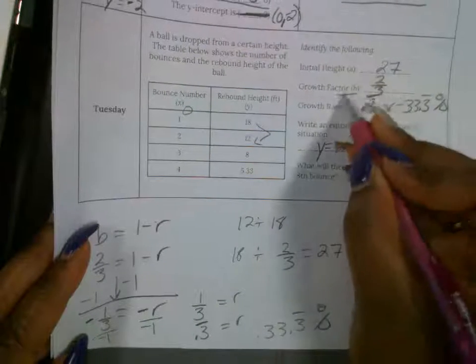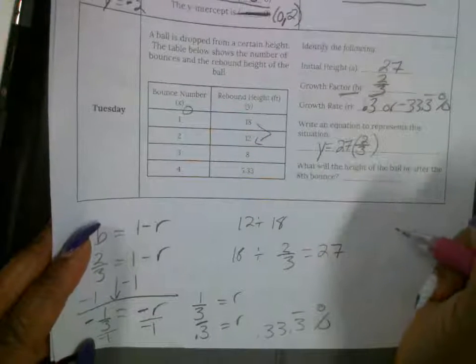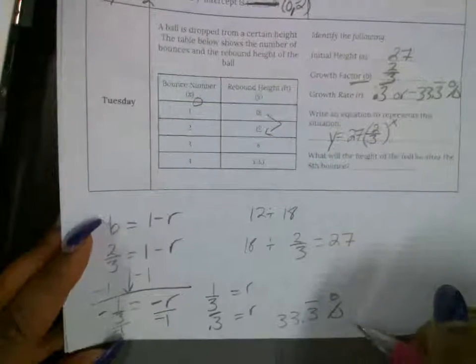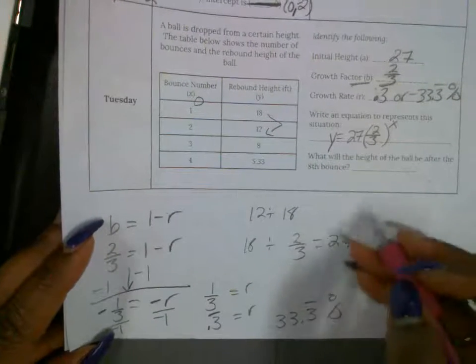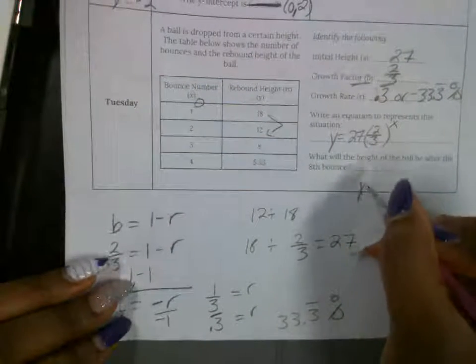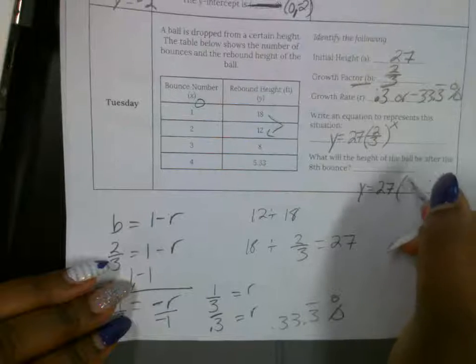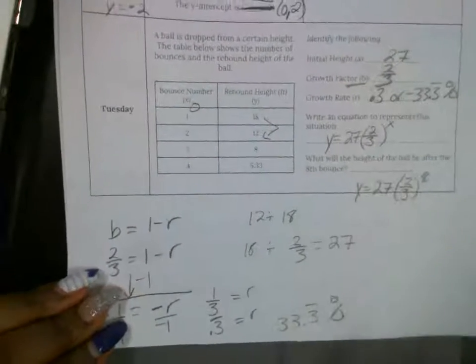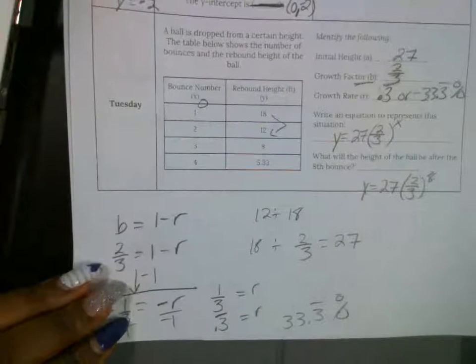That's B. This is B. And then what? To the power of x, or to the x power. Okay, after the 8th bounce, what would it be? What do I do to figure that out? Plug in 8 for x. So that's 27 times 2/3 to the 8th power. And you get your answer that way. Any questions?